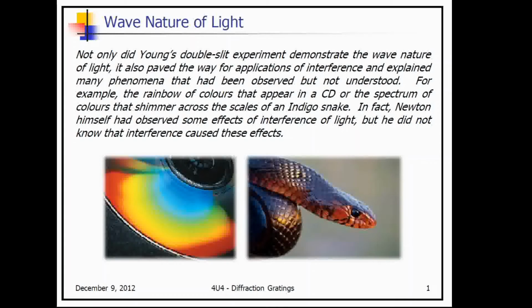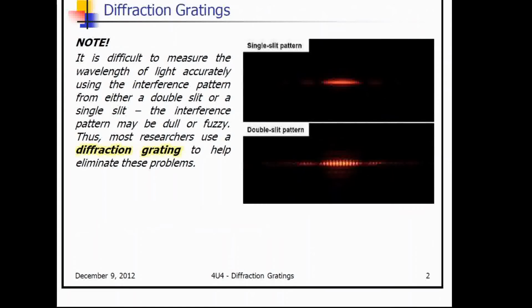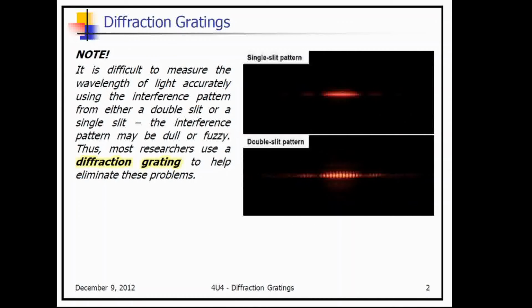Some natural diffraction gratings would be the grooves on a CD that you see in this picture here, or the shimmer that you see on some animals, like this indigo snake shown in that picture. It's difficult to measure the wavelength of light accurately using the interference pattern from either a double slit or a single slit.